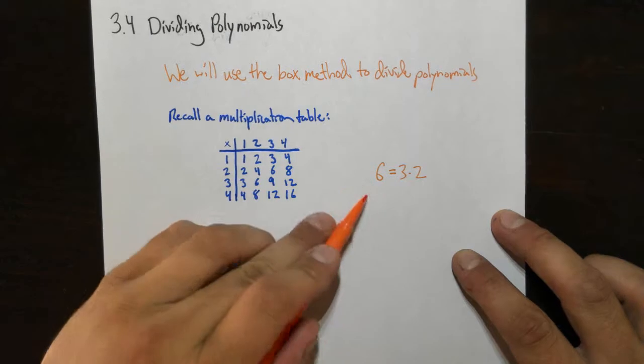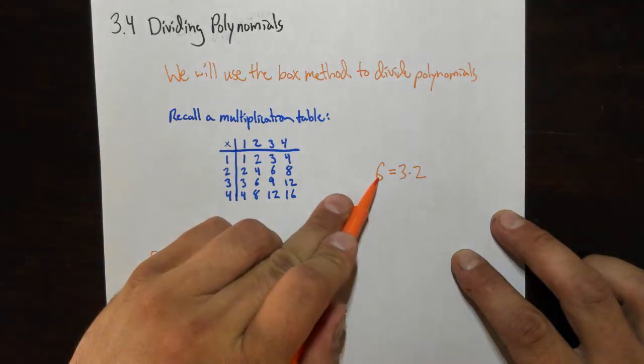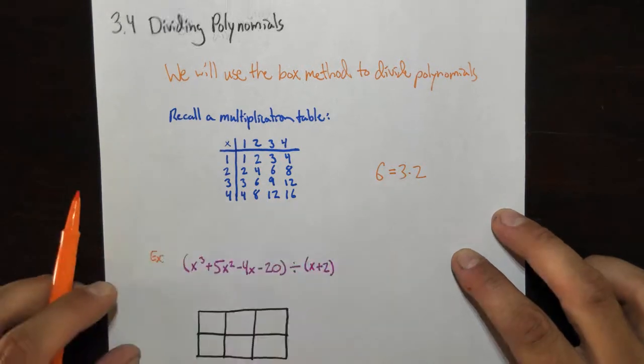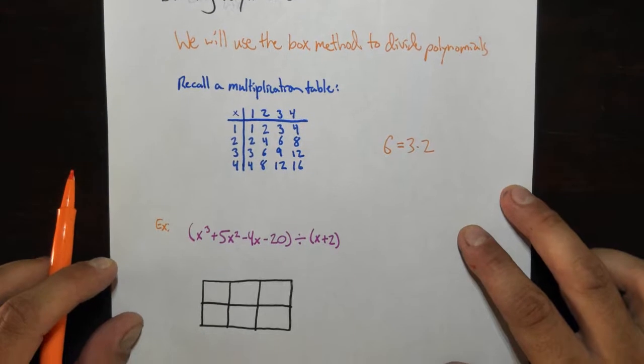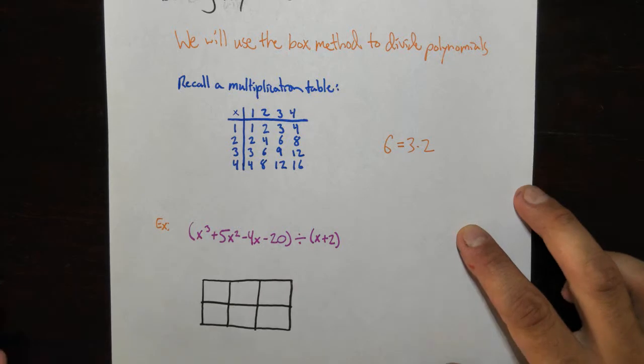If I go ahead and divide 6 by 3, I get 2. If I divide 6 by 2, I get 3. So we're going to be given one of the factors, and we want to try to find what is the other factor. So that's essentially what we're doing here.